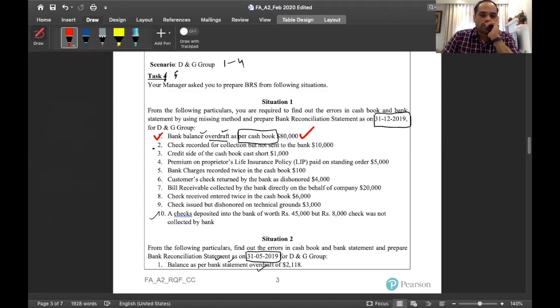One more thing: when you are preparing your bank reconciliation statement, you have a plus column and a minus column. In the first column, I suggest you give numbers to each particular, each transaction number you have.